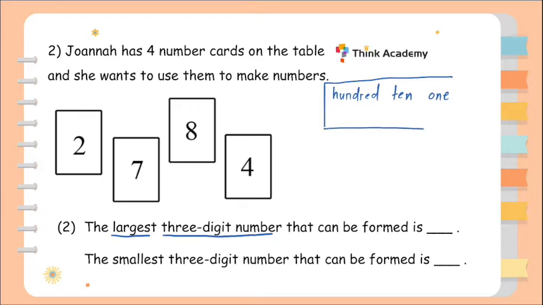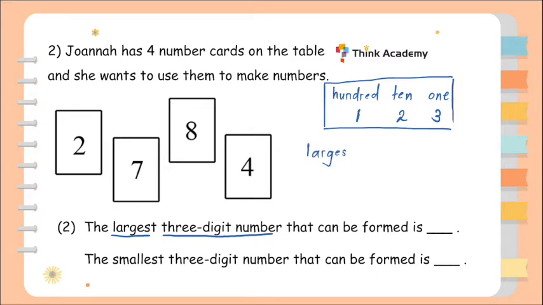For example, I have 1 as the hundreds, 2 as the tens, and 3 as the ones. So here I have the 3-digit number 123. If I want to find the largest 3-digit number that can be formed, I'm going to start with the largest number, right?